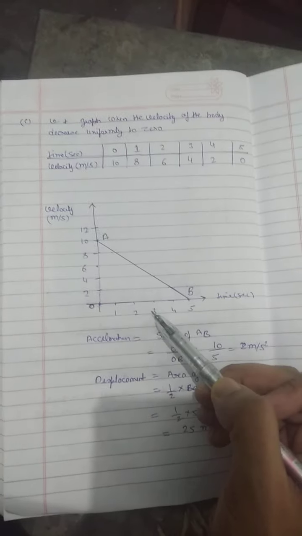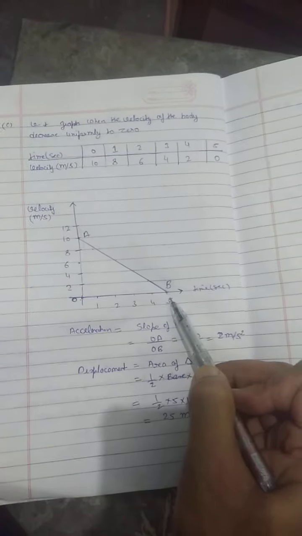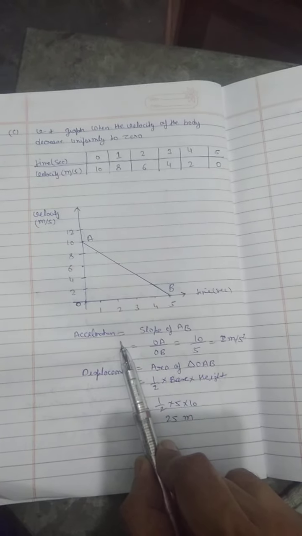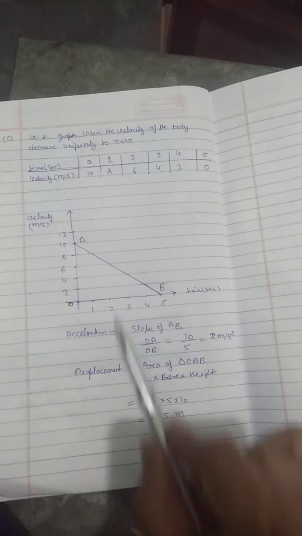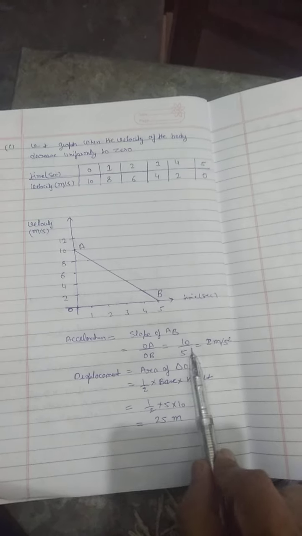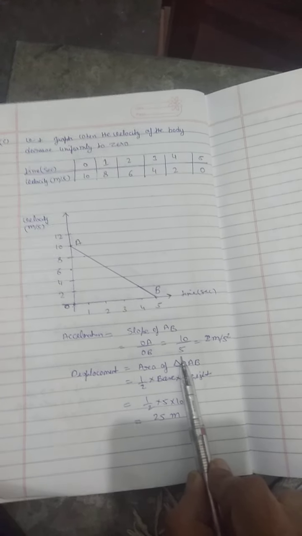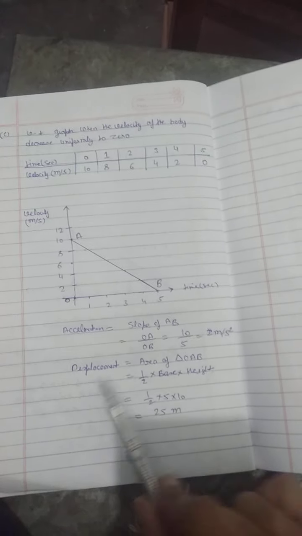Joining these points we get a straight line in the downward direction. Then the acceleration means the slope of AB, and the slope of AB is equal to OA upon OB, and that is 10 by 5, so the acceleration of the body is 2 meter per second square.